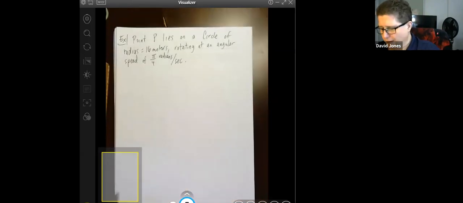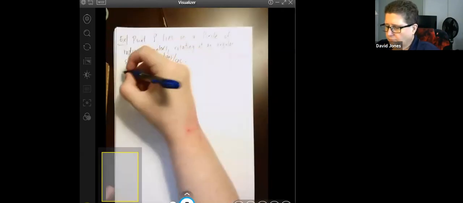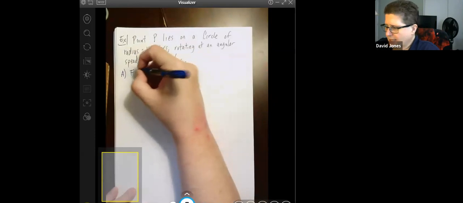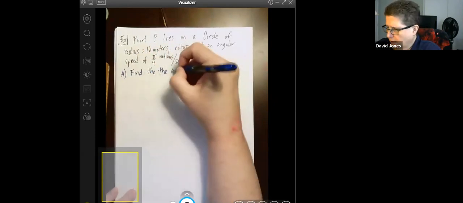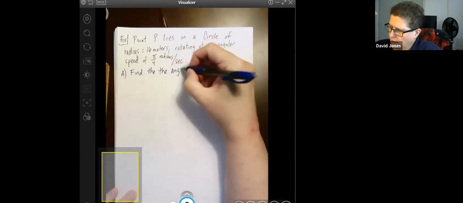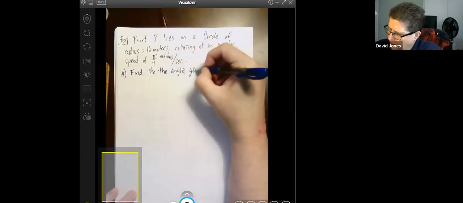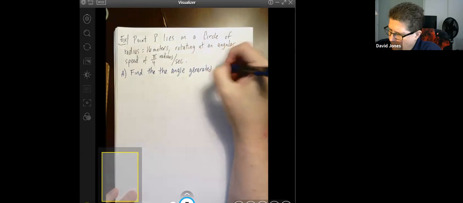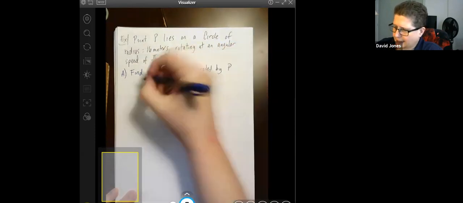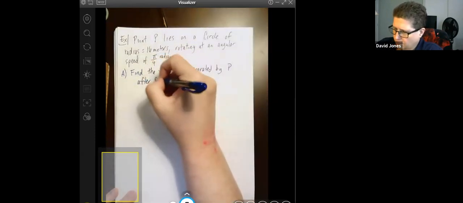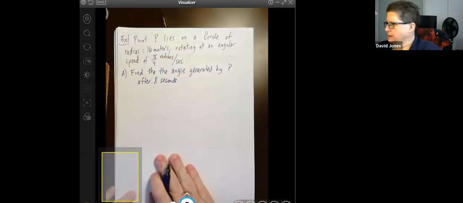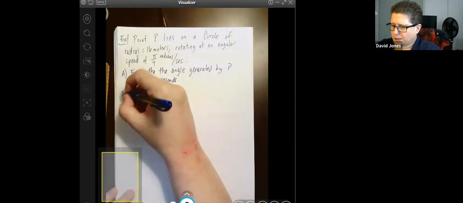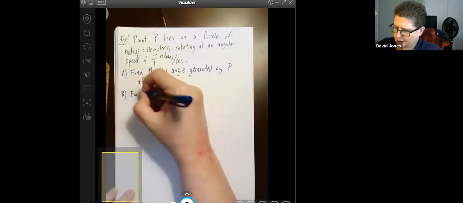That's our given information. What we're going to do is the following. A: find the angle generated by P after 8 seconds. B: find the distance P travels in 8 seconds.